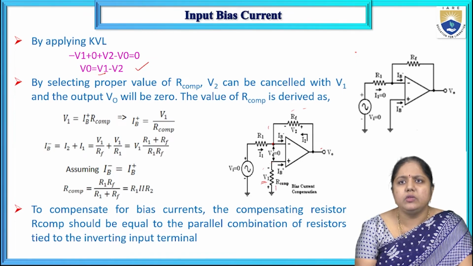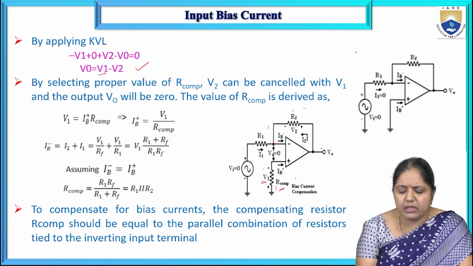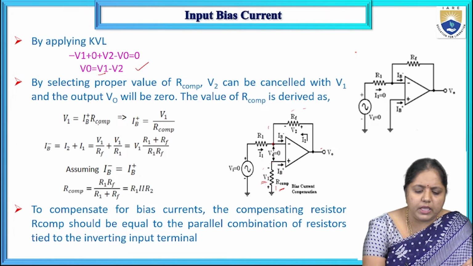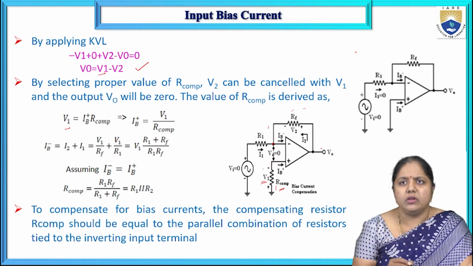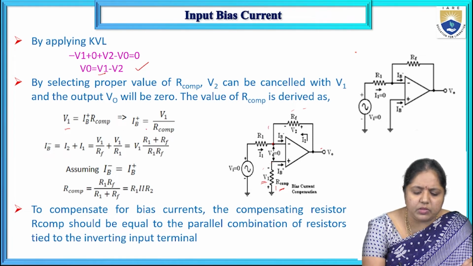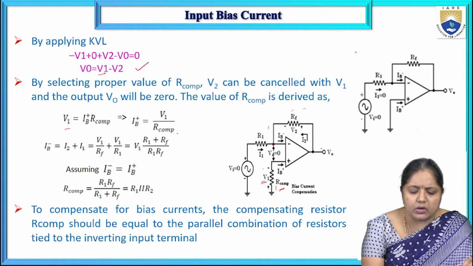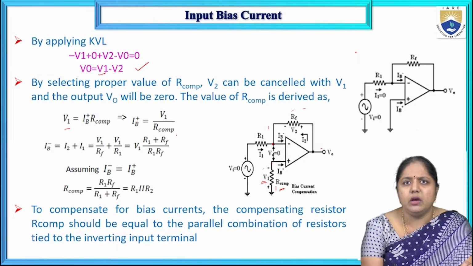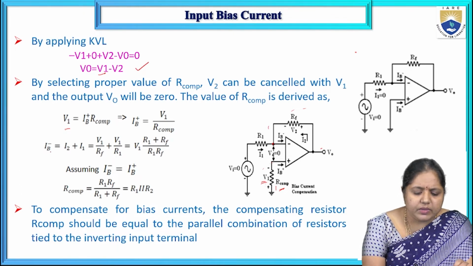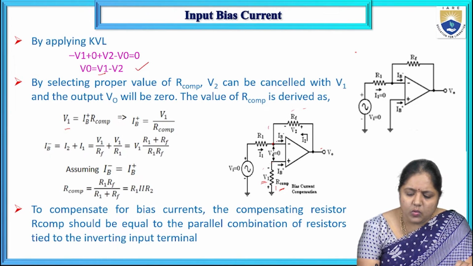The current passing through this R compensation resistor, multiplied by the resistance value, that is IB plus into R comp, equals the voltage drop across the R compensation resistor. So IB plus equals V1 by R comp.